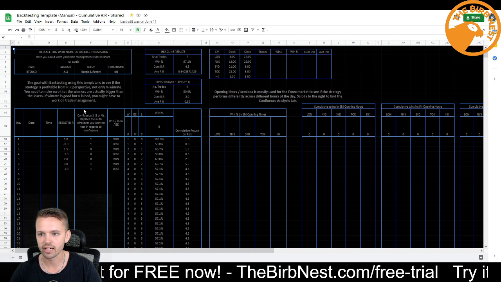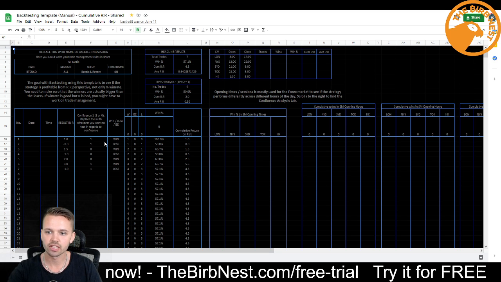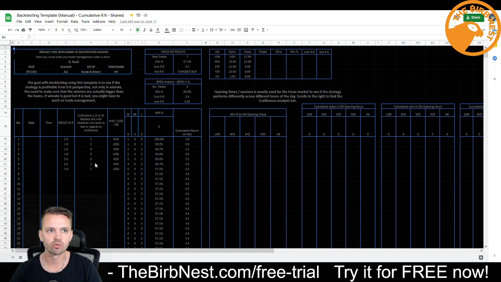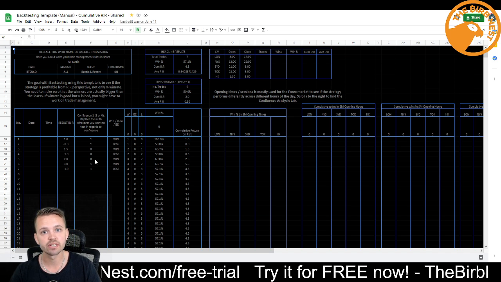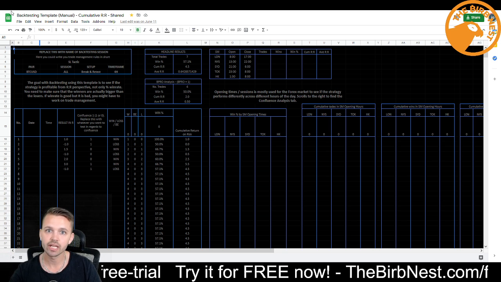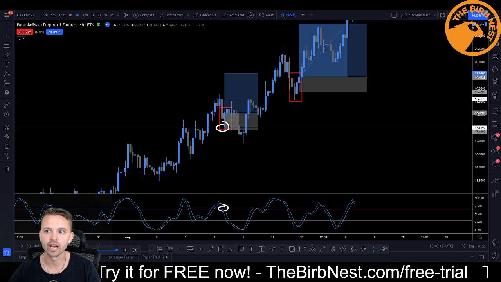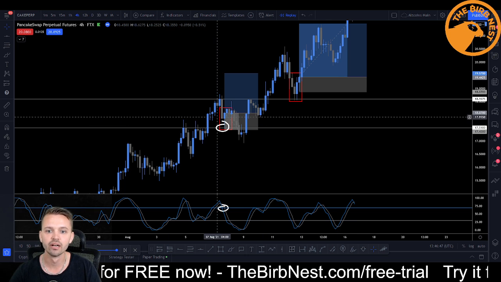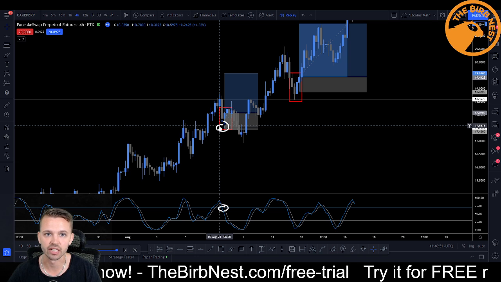And I also have a confluence meter right here where you can actually check the box, 1 for yes, 0 for no, and see if the stochasticRSI is actually giving you a better win rate and a better average risk to reward. So key in trading, get new ideas, backtest, try to constantly develop your edge, and this is one way for you to do so if you haven't tried the stochasticRSI in your trading.